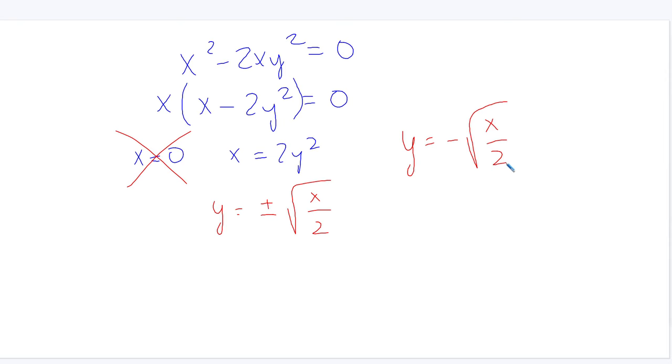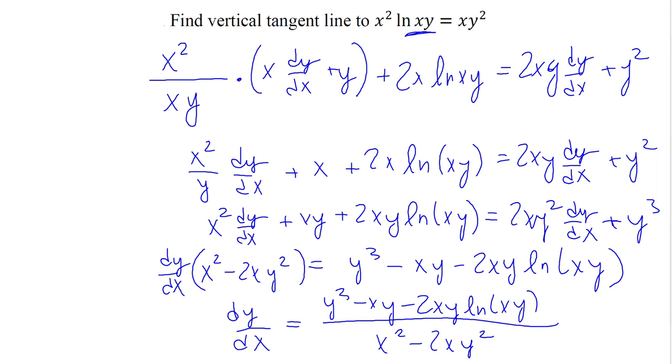Well, if that's the case, if y is equal to negative root x over 2, if I plug that into my original equation, I end up with x squared ln of x times negative root x over 2 is equal to, I think it was equal to xy squared, right?